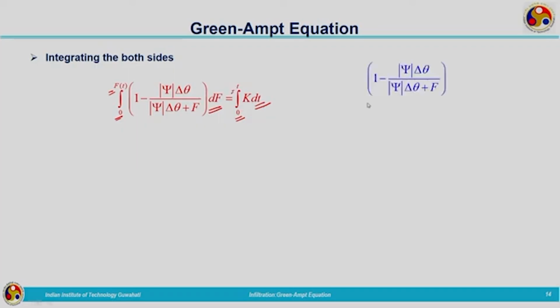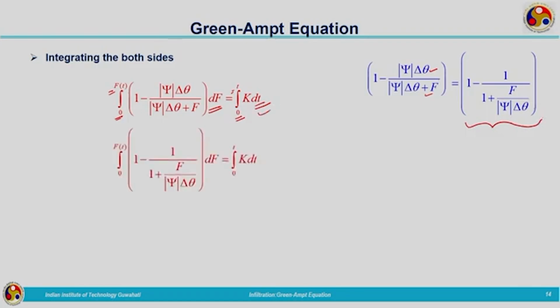1 minus psi delta theta divided by psi delta theta plus f, we are again making some rearrangements. So, this can be modified as 1 minus, we are dividing numerator and denominator of the second term by psi delta theta. So, it will be taking the form 1 minus 1 divided by 1 plus f divided by psi delta theta. Now, this will be substituted here in this equation.